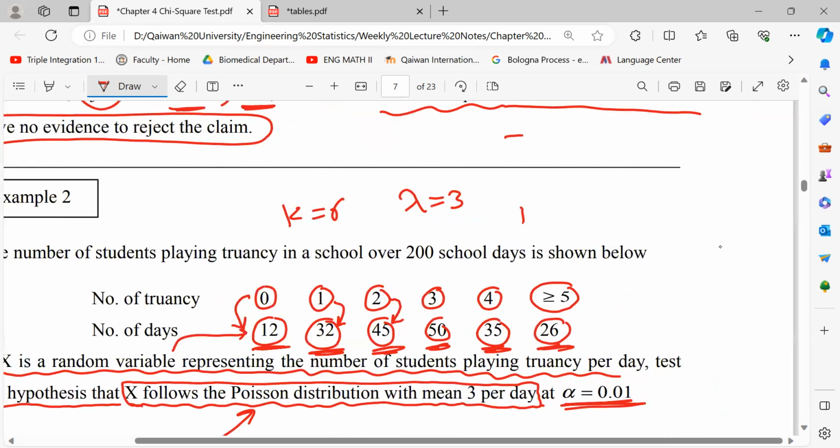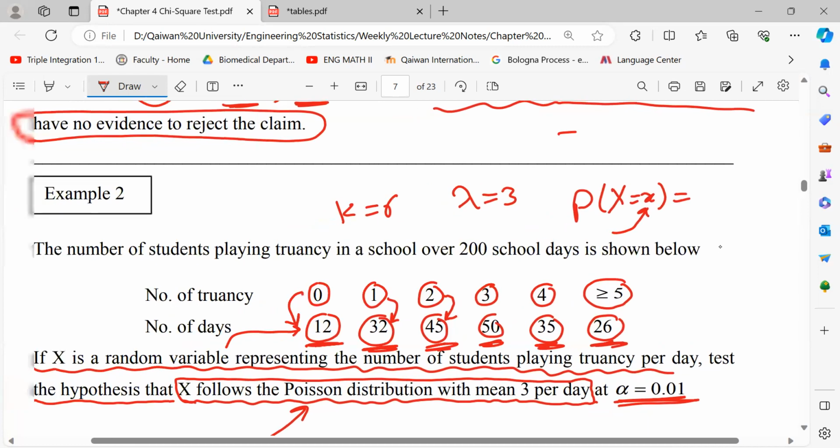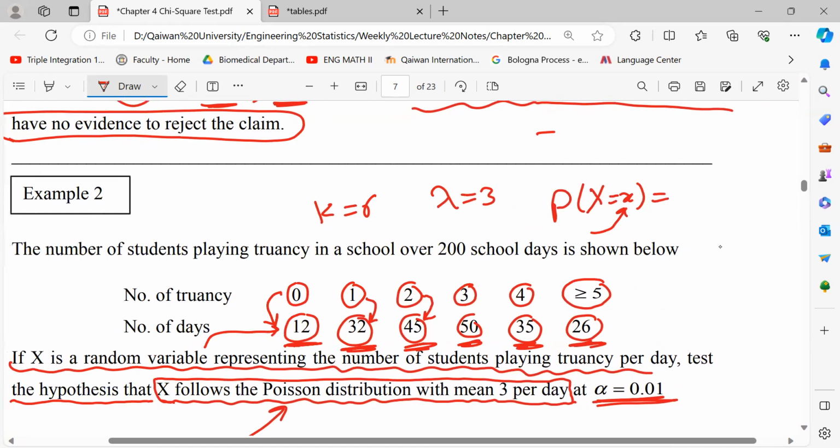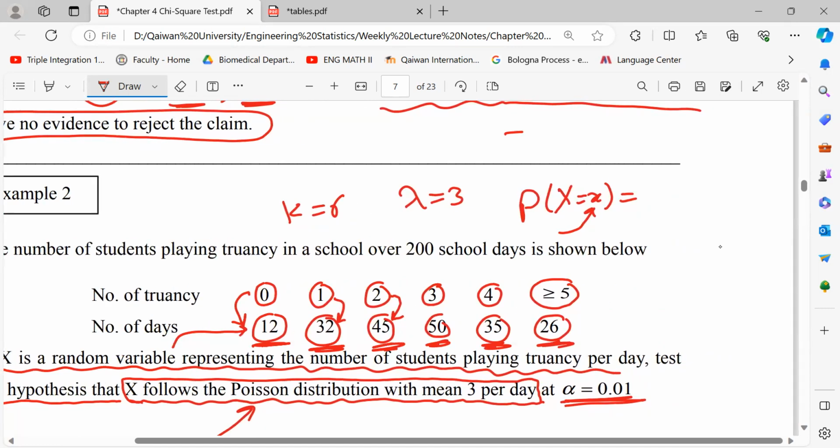The probability of X being little x, where little x is 0, 1, 2, 3, 4, or greater than or equal to 5, is equal to e to the power minus lambda times lambda to the power x, divided by x factorial.